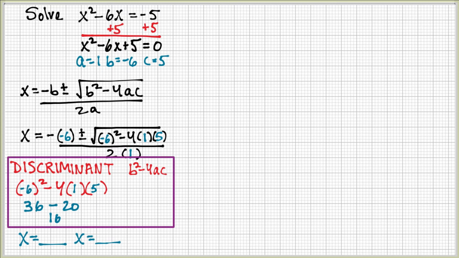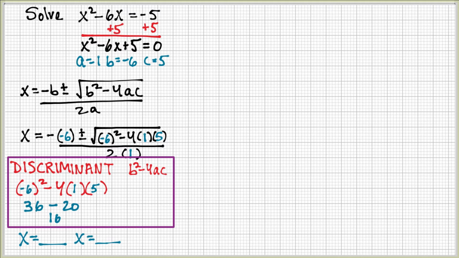The reason it's a good idea to do the discriminant at the very beginning is that if the radicand is negative, you'll have no real number solutions and you might be able to stop before you ever start. Okay, now we're all set up, we're ready to go.